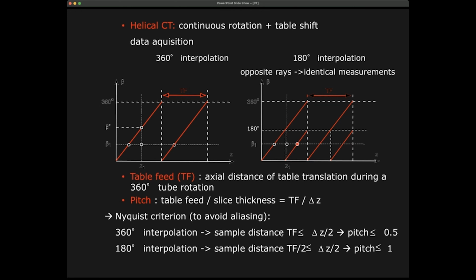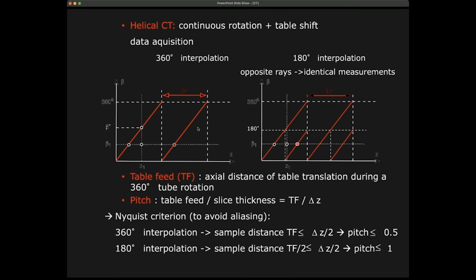While they rotate, the table goes through it with a constant speed. Obviously, that means that every projection that is taken, every angle, is at a slightly different position of the table, because the table is moving while we are scanning.